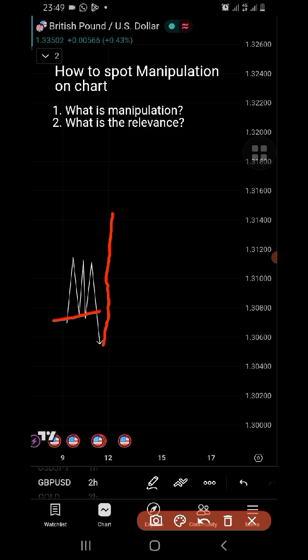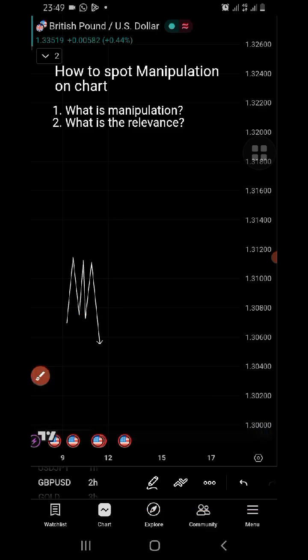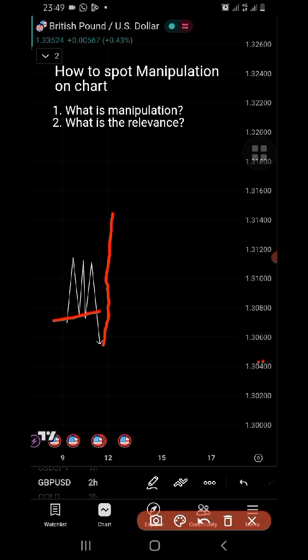That is to tell you that market has created a forum to take a buy trade. Market has given you the basis to be confident in a buy trade. And once you see something happen like this in the market, then you are now confident or free to take your buy trade.